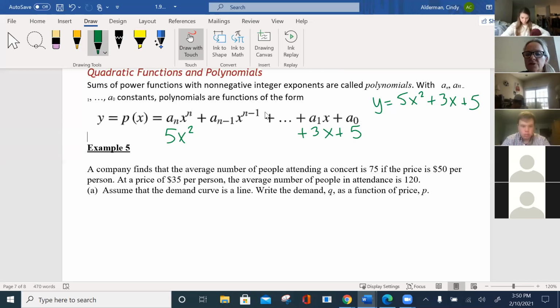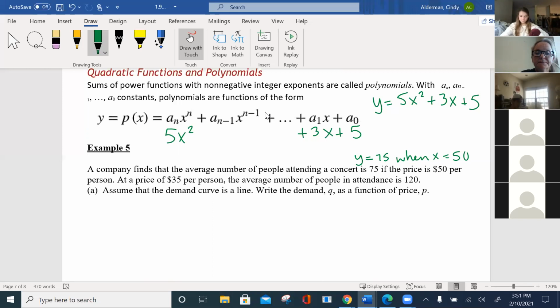So what they're giving you here is an ordered pair, right? So y equals 75 when x is equal to 50. What we've got here is, let's say this is P. Actually, I should use P and Q. Actually, let's do this just because I think you'll get it easier first if we talk about y equals mx plus b.